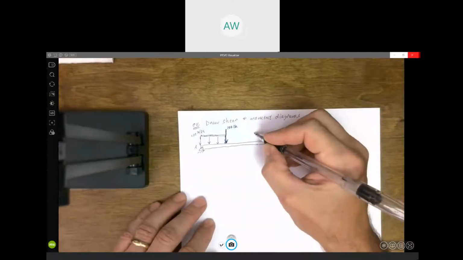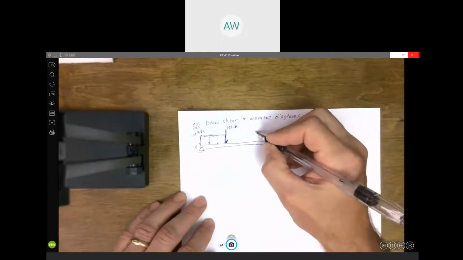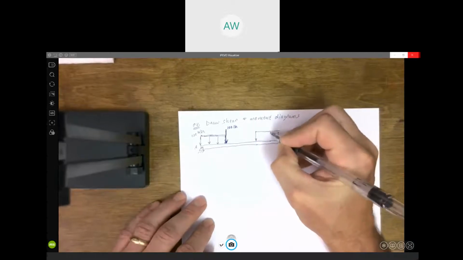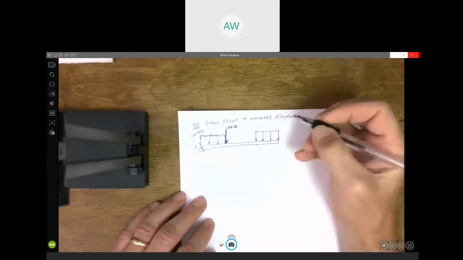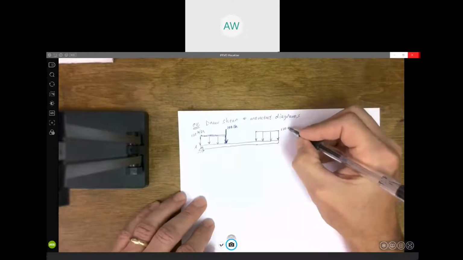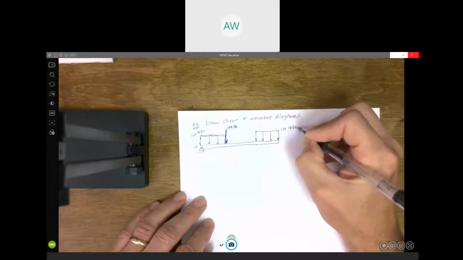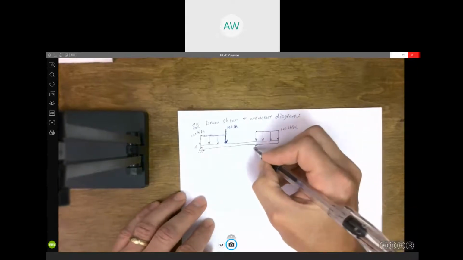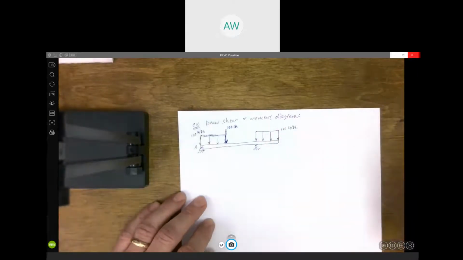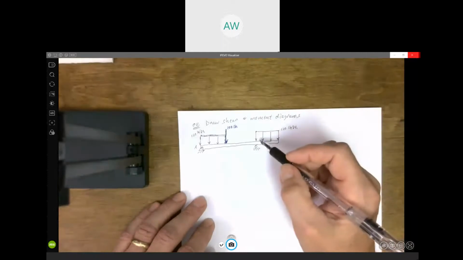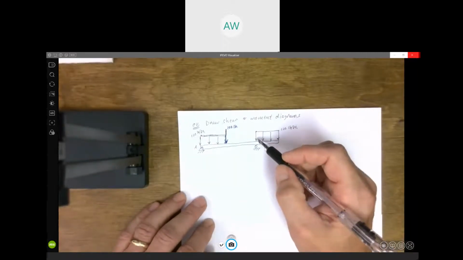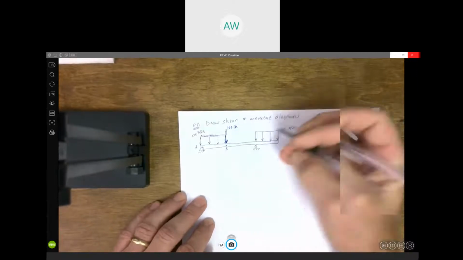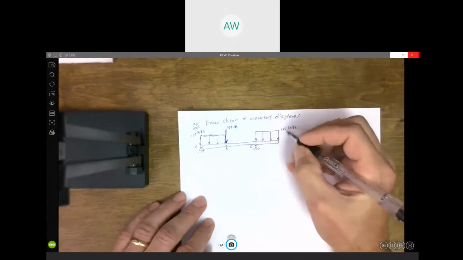And then we've got another distributed load over here, also constant, also 120 pounds per foot. And we've got a roller support under our beam, supporting this beam right there at that end where that distributed load starts. We'll call this B, C, and we'll call this D.